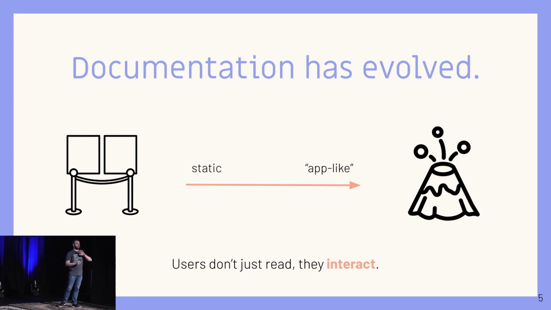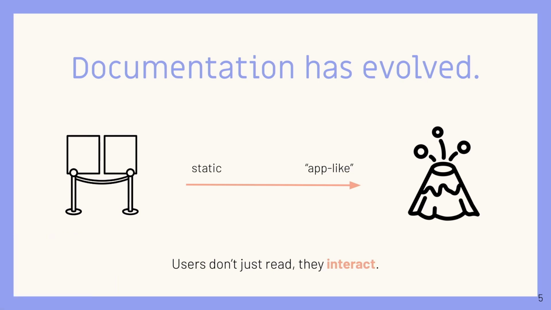the modern web has evolved and changed a lot over the past recent years, and with it, so has documentation. It has gone from being something that is static to being something that is dynamic, and developers in particular, over that time, have been conditioned to interact with it.